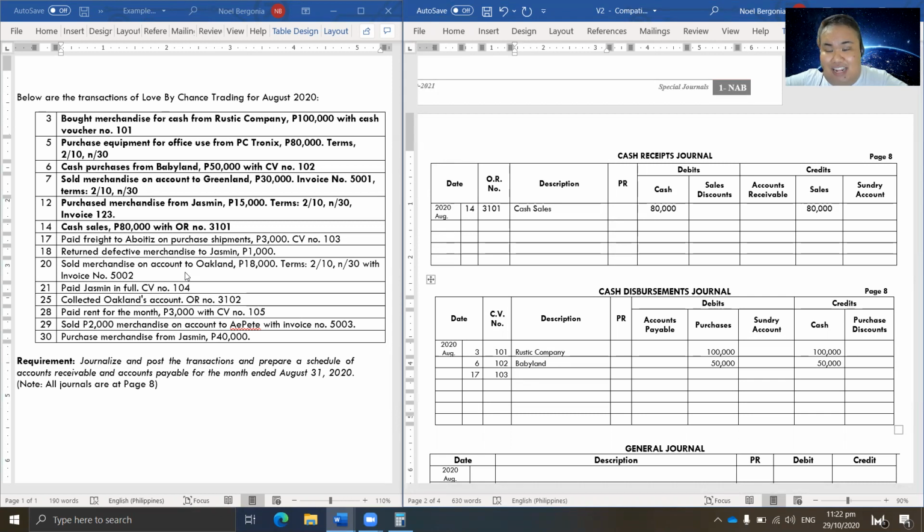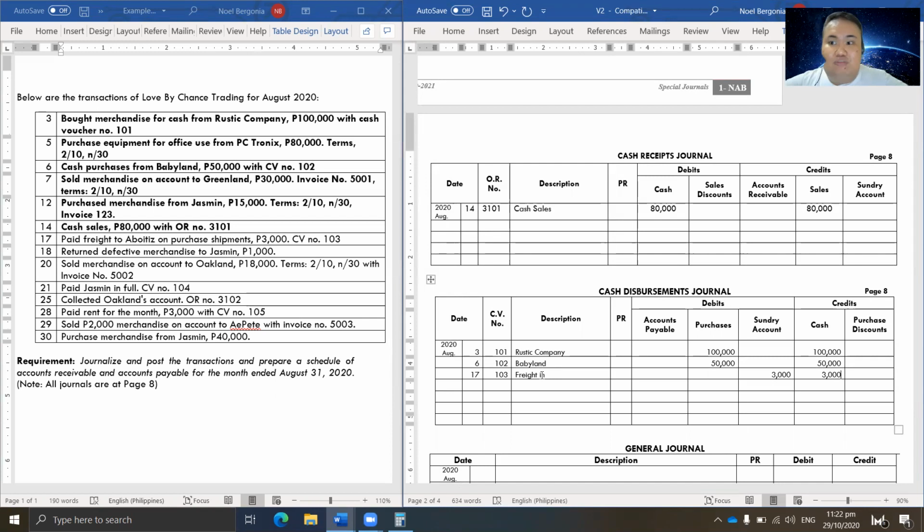Debit freight in, credit cash. Okay? May freight in ka ba nakita sa columns? Wala. So anong gagawin natin? Sundry account. Okay? So we will have freight in the description. Okay? So mamaya tayo sa PR. So saan lalagay yung amount? Sa sundry. Okay? So 3,000. And then we credit cash 3,000.